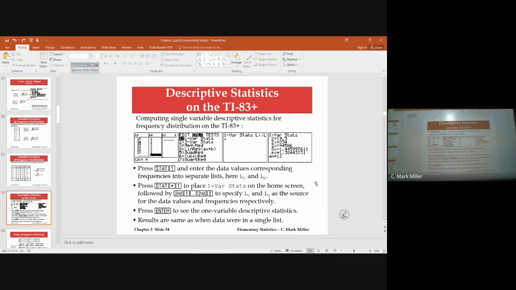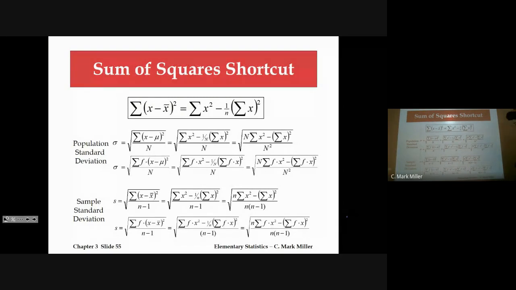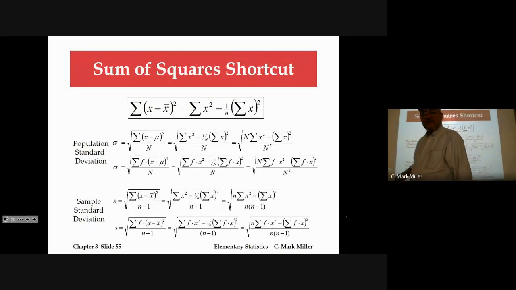All right, that describes how to do that. This is a summary sheet for the formulas for standard deviation and, of course, variance, right? Variance would be squared. You're going to use standard deviation more, for one reason, because it represents almost the average distance that a data value is from the mean.